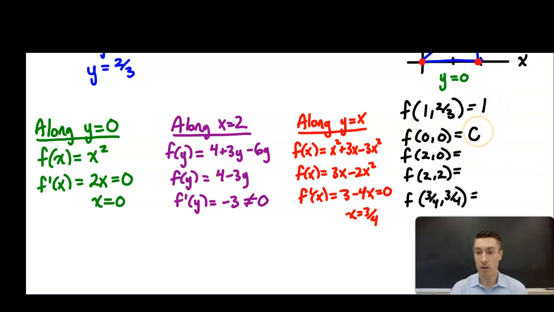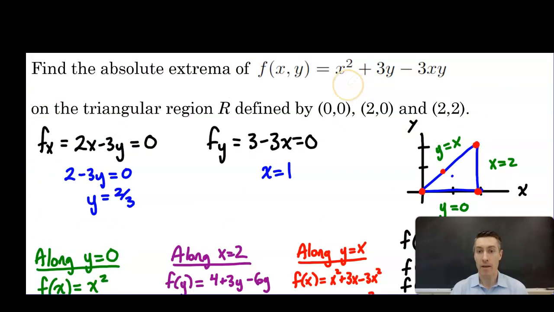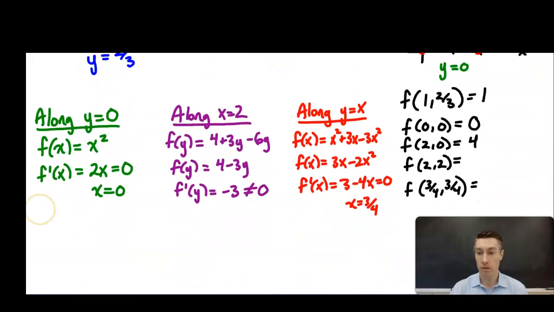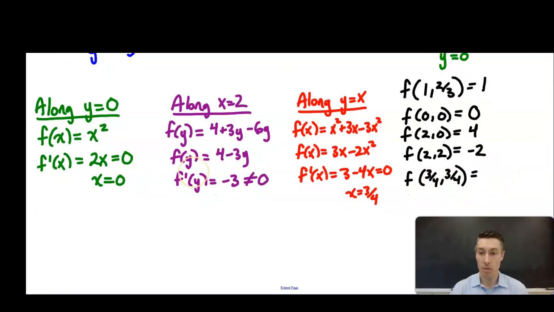f of (0, 0) is going to be 0. f of (2, 0) is going to be 4. f of (2, 2), back up to the function, so we'd have 4 plus 6, so that's 10, and then minus 12 is negative 2. And then f of (3/4, 3/4), this one I will write out just so I don't make a mistake.